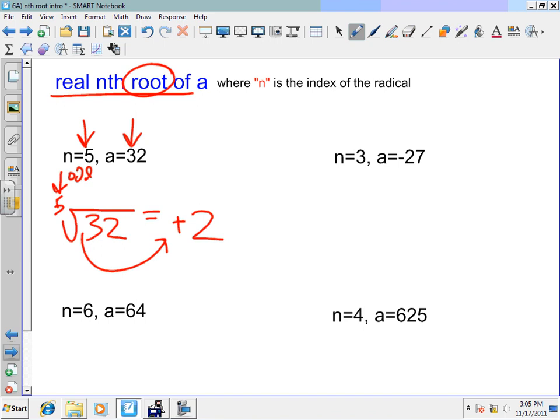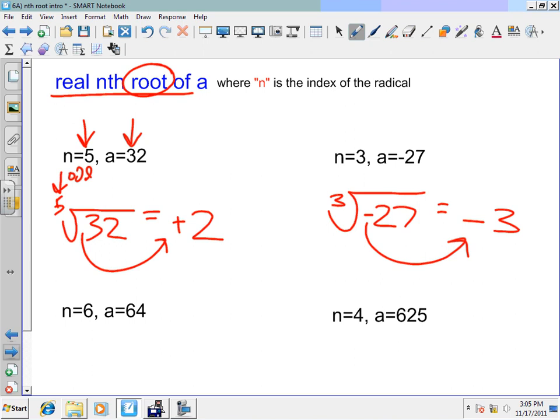Now, same thing over here. Here we have another odd one. The 3rd root, index 3, of negative 27. Now again, being that it's odd, we're going to keep the same sign and ask what number times itself 3 times is equal to 27? 3. And being that it's negative, negative 3 times itself 3 times will equal negative 27. Okay, so that's what we're looking for in those problems.